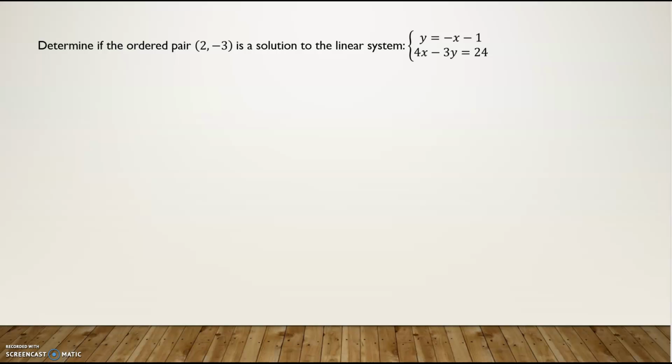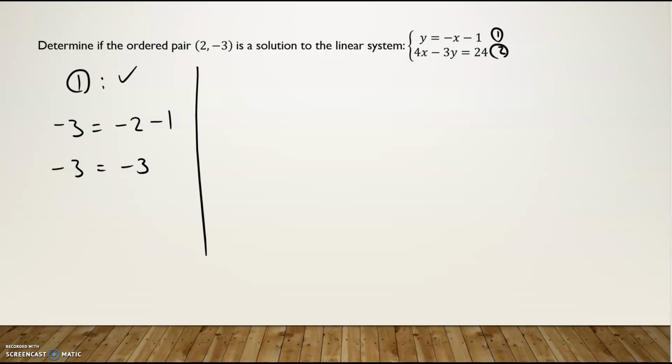Okay, determine if the ordered pair (2, -3) is a solution to the linear system. We'll label this one as 1 and this one as 2. Okay, so we have -3 is equal to -2 minus 1, so -3 is equal to -3. That one checks out. And then for 2, we have 4 times 2 minus 3 times -3 is equal to 24.